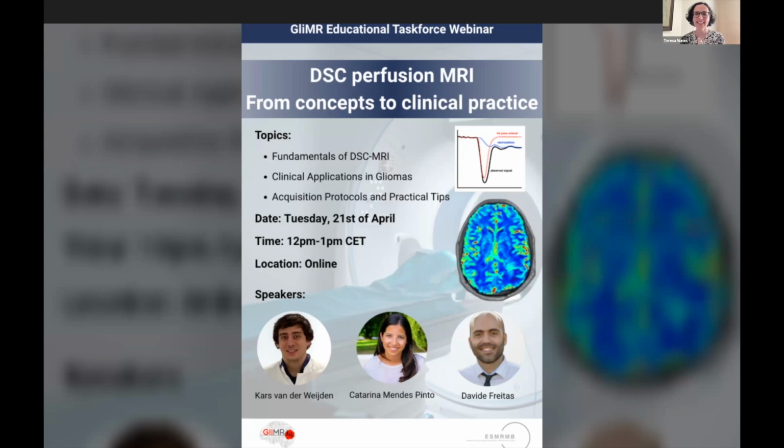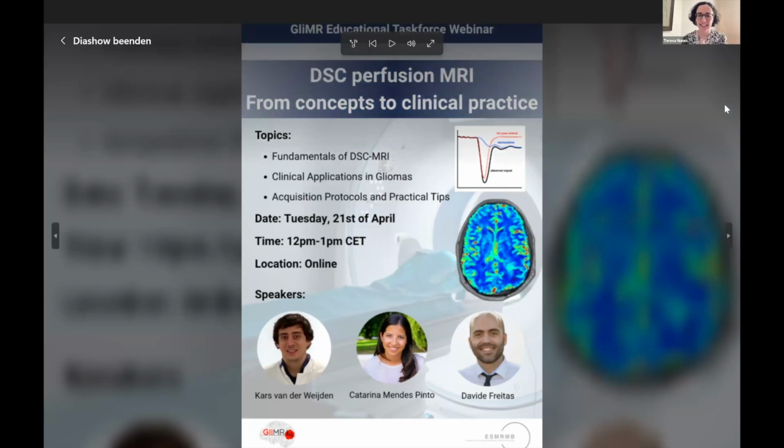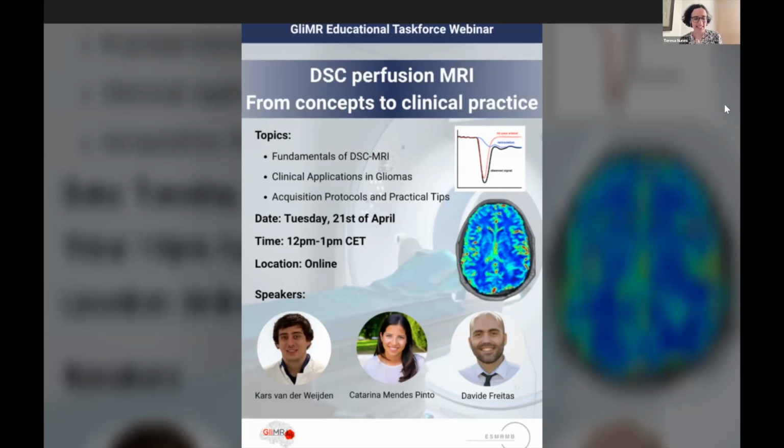It is now my pleasure to introduce the first speaker, Chris van der Weijden. Chris is an assistant professor in MRI physics at the Department of Radiology within the University Medical Center of Groningen in the Netherlands.